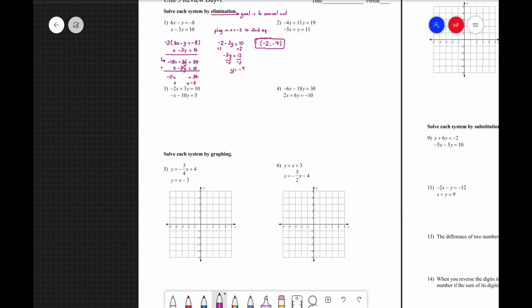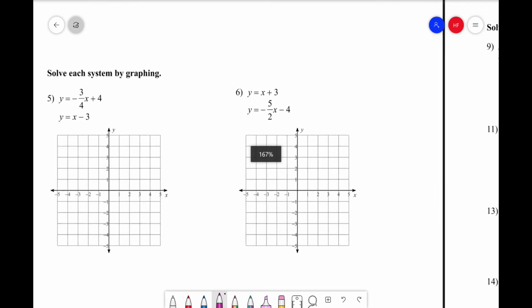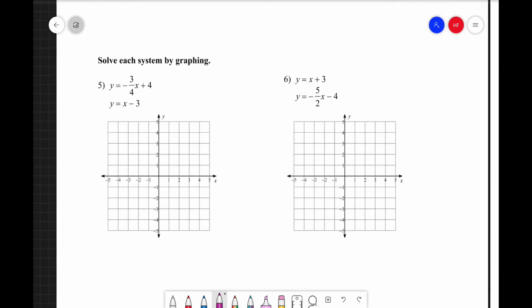Our next method to use to solve systems is by graphing. So looking at number 5, we're going to graph both of these lines. So remember, we've got y equals mx plus b, where m is the slope, which is rise over run, and then b is our y-intercept.